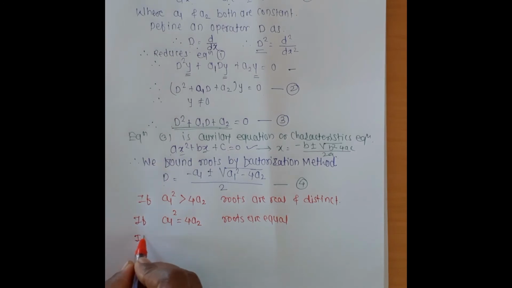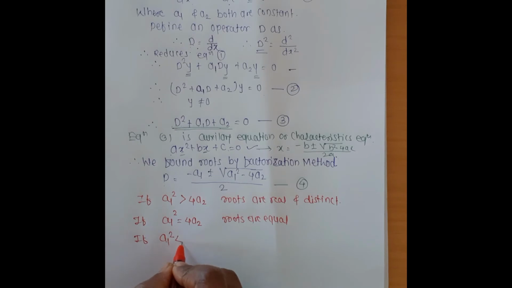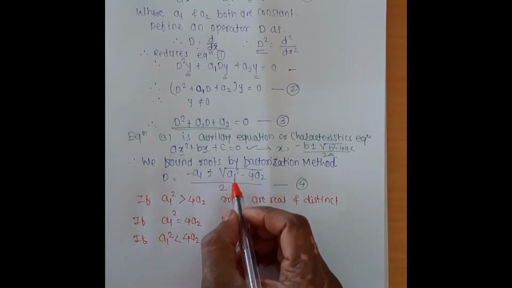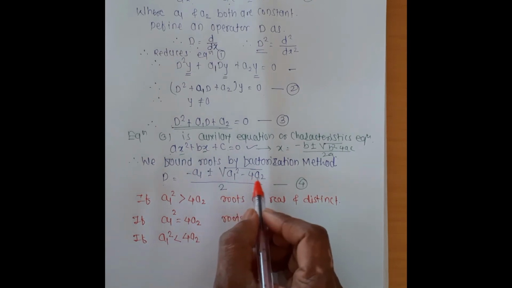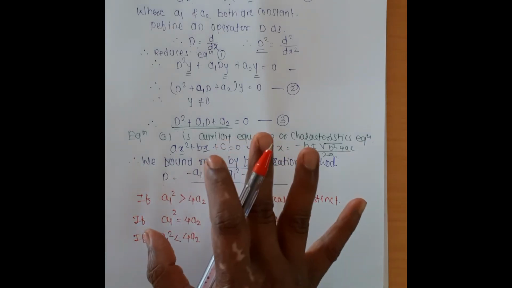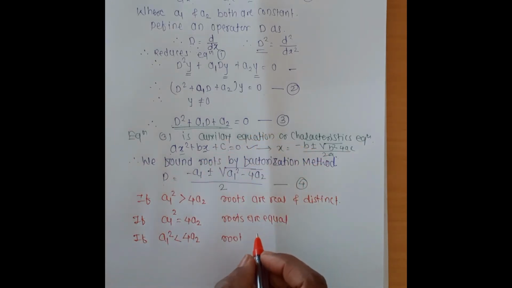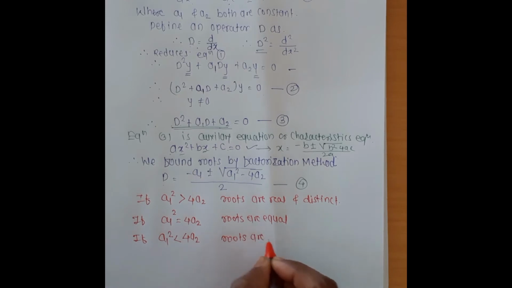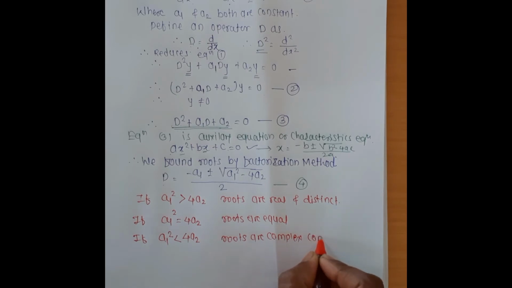And the last condition is: if a1 square is less than 4a2, it means the value of a1 square is smaller as compared to this, then the roots are a complex conjugate pair. It means an imaginary part, because if the root has a negative value, then the factor will be imaginary. That's why we call the roots complex or a complex conjugate pair.